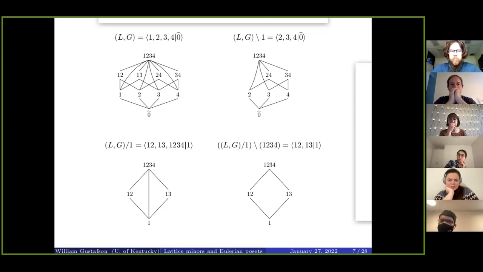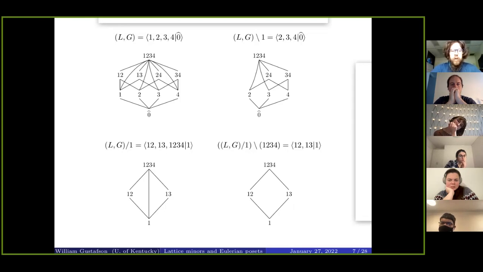In the bottom left is the result of contracting the original lattice by the generator 1. So we get 12 and 13 as generators coming from 2 and 3. We also get 1234 as a generator because that's a join with 1 and 4.